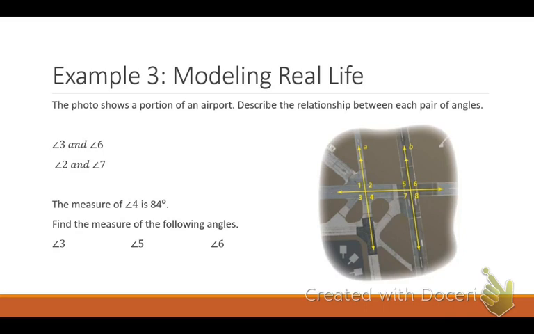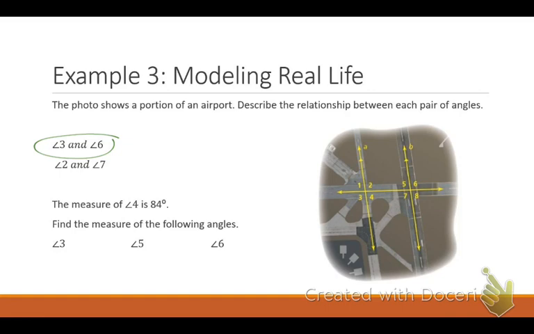So in example 3, we have this street road intersection here. And this is what I was talking about before. They give me these angles here in the picture, and that's on your notes also. I know it's kind of dark on your notes. And they're just going to say, between angle 3 and 6, which one of the 5?